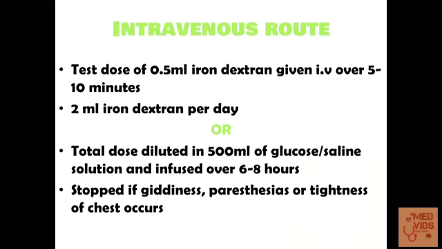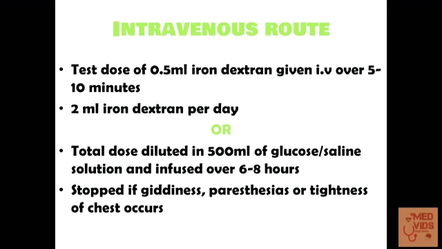Now, intravenous route. As I told you, iron dextran is associated with anaphylactic reaction because of the dextran component. To make sure that the patient is not allergic to the dextran component, first of all, we should provide a test dose of 0.5 ml of iron dextran given intravenously slowly over 5 to 10 minutes.